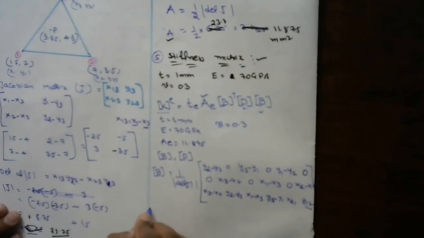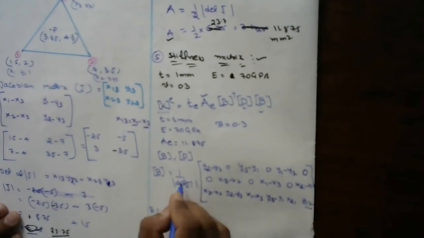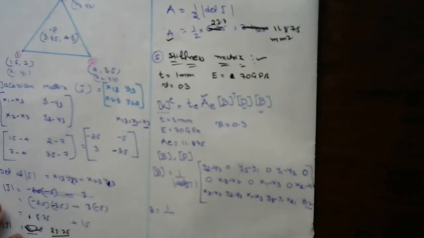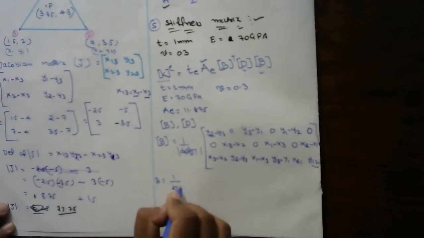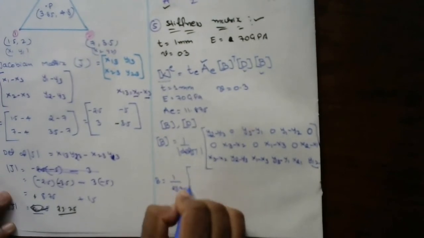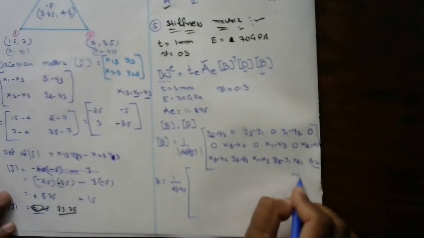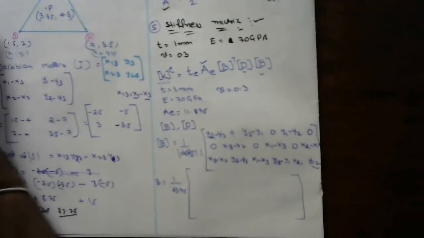So the B matrix can be written as, I know that one, and the determinant of J, I have calculated that it is equal to 23.75, into the 3 by 6 matrix. Now I'm going to write down straight away the values.